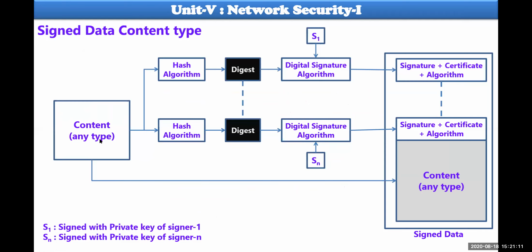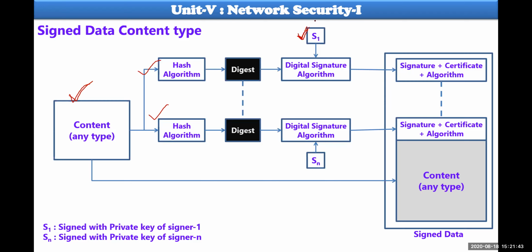Signed data content type means you have taken some content that you are expected to send to your friend. If you want to send to 200 or 300 people, every person has their own hash algorithm. So before receiving, every hash algorithm can be separated using the signature of your mail ID, that is the public key.